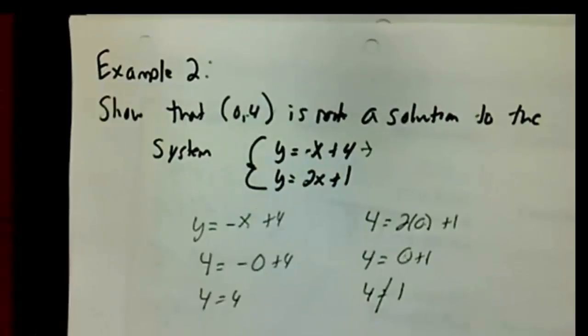But if I don't do that, it ends up not working out, and so we know that it's not the solution. They will put solution or no solution, or yes or no, and in this case you would click no, that it is not a solution.